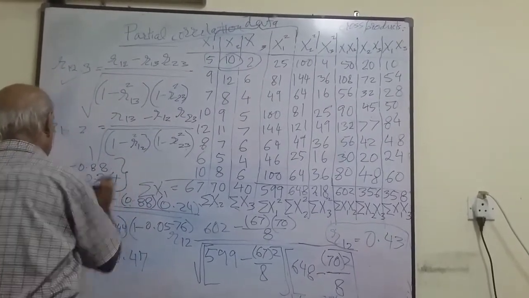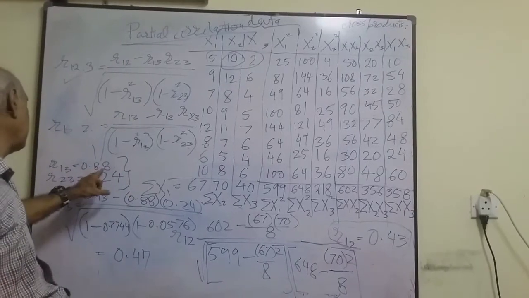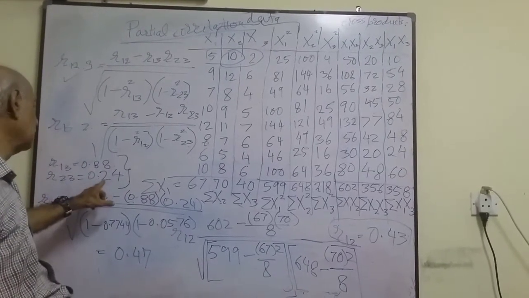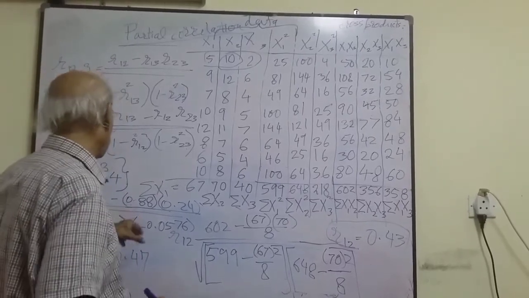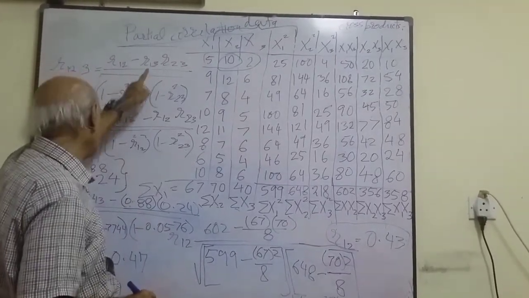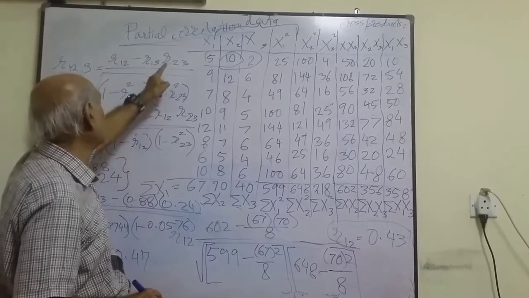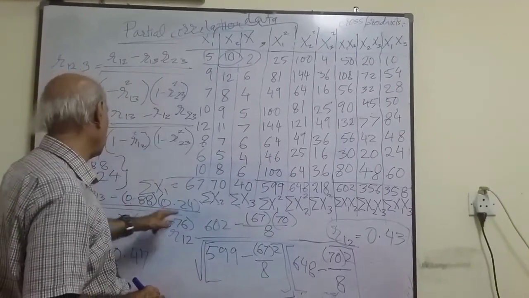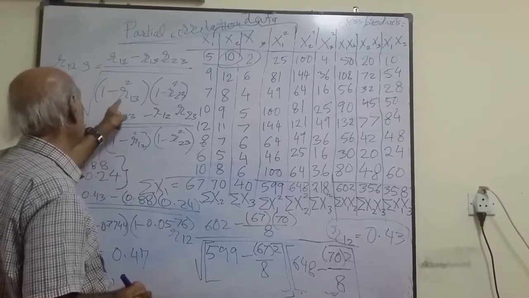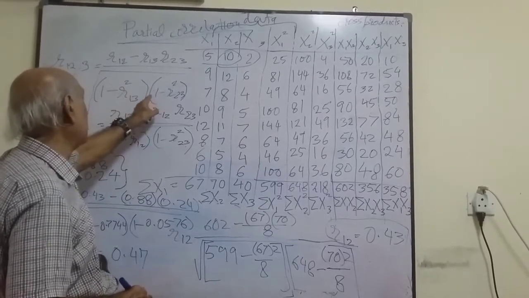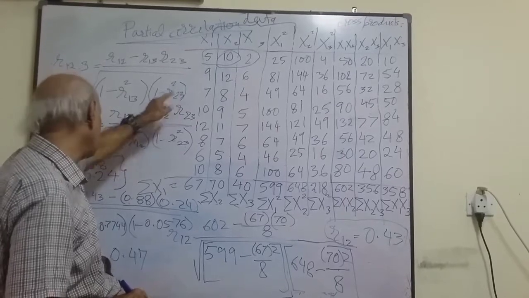These are the values here: R13, 0.88, R23, 0.24. So put the value of R13, 0.88, into R23, 0.24, divided by 1 minus R13 square into 1 minus R23 square.